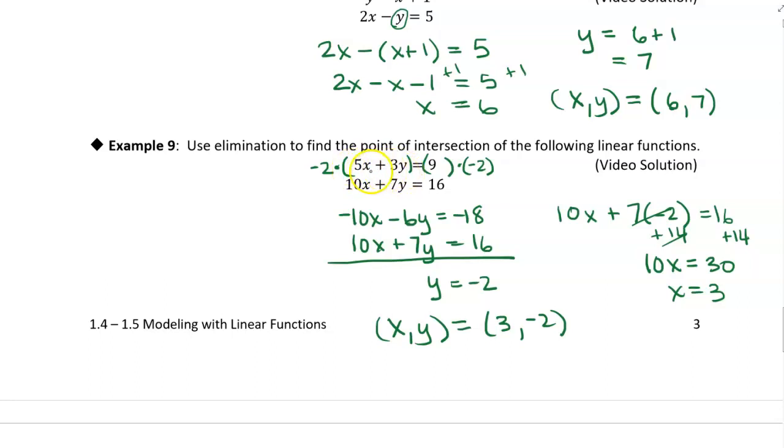So in the first equation you would get 15 minus 6 equals 9. And you'll find that that's true. If you plug it into the second equation, you'll get 30 minus 14 is 16, right? So it's true. So this is the intersection point of those two lines, and we did it this time by elimination.